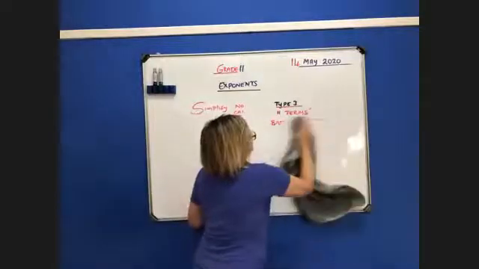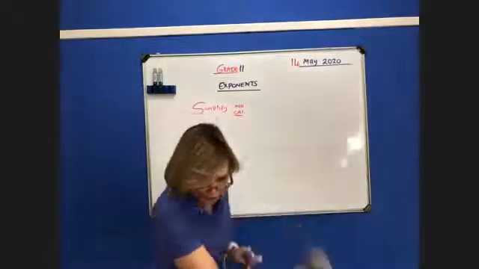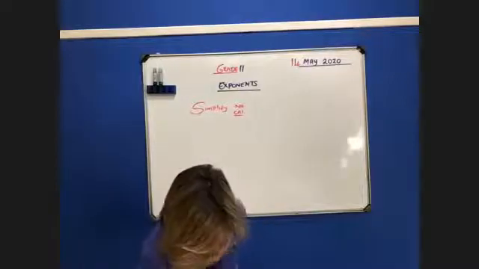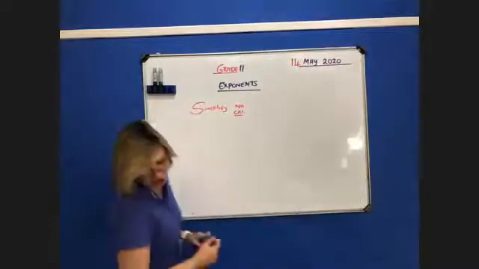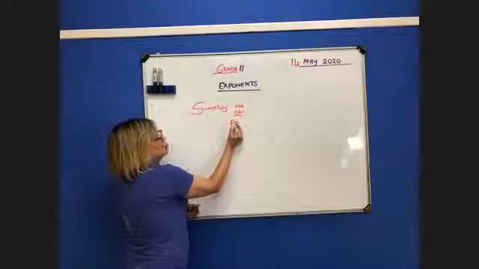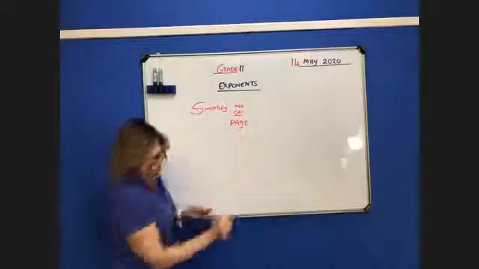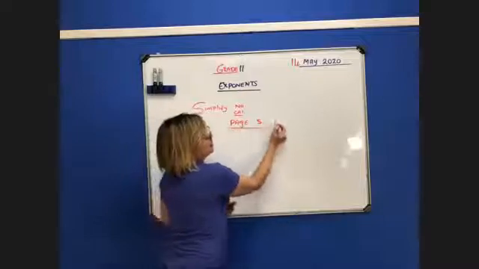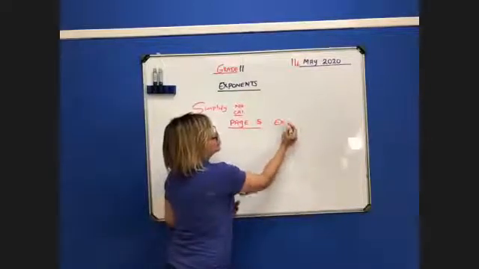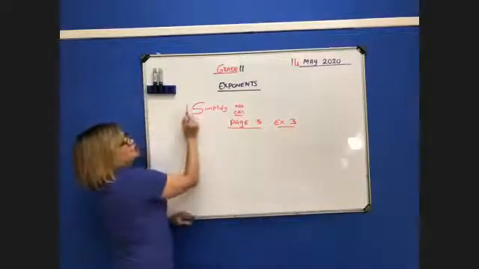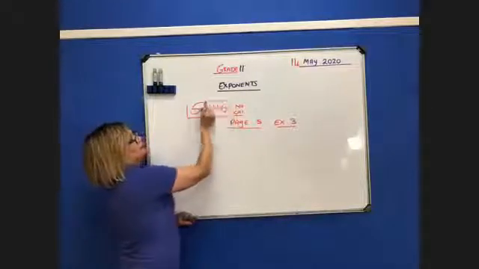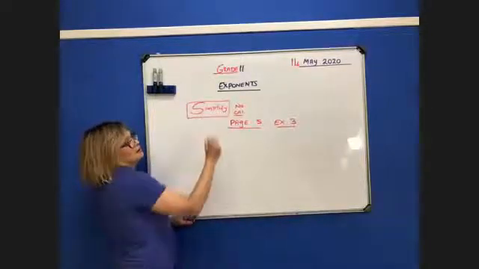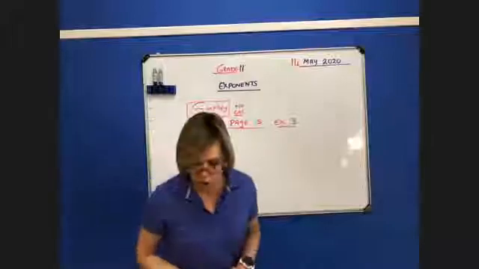If I use the textbook, and I'm specifically looking at page 5 still, but now I'm looking at exercise 3. I'm still going to say simplify. But a lot of you are not going to know how to do this.